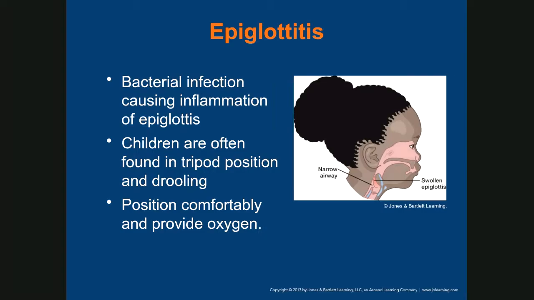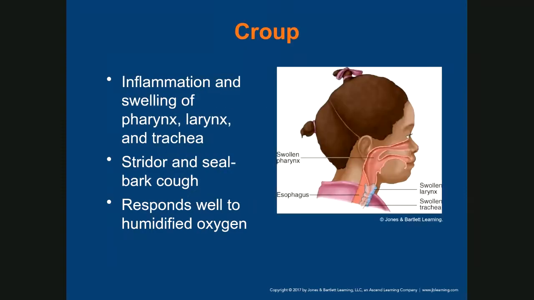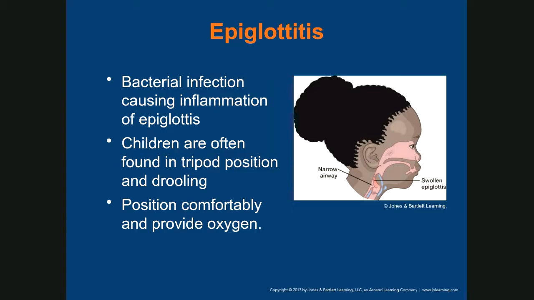Then we have epiglottitis. This is a bacterial infection. So croup is a viral infection. Epiglottitis is a bacterial infection causing inflammation of the epiglottis. Bacteria tend to cause high fever, not mild, high fever.